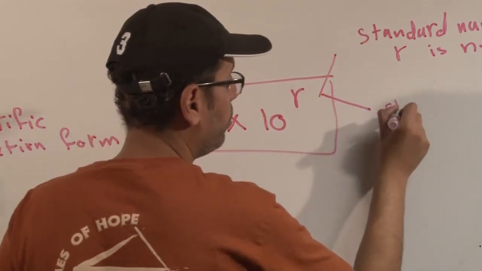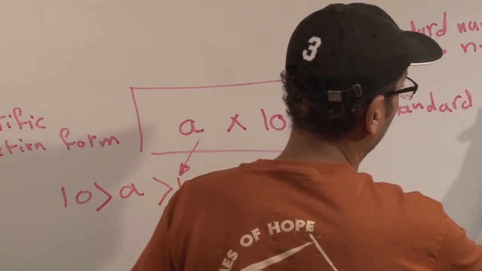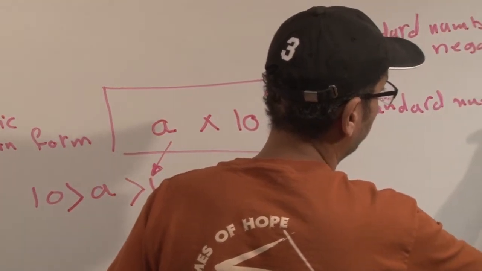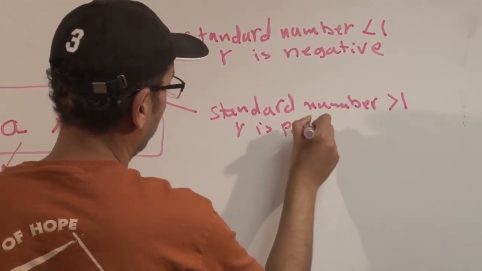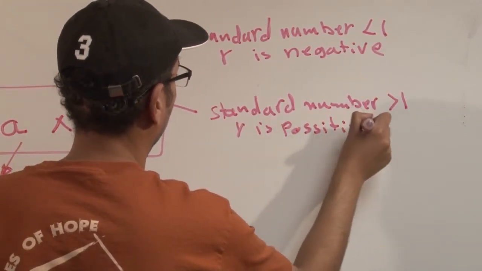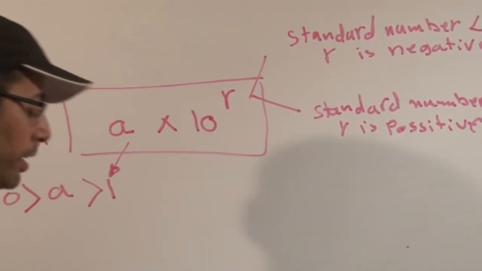If the standard number is greater than 1, R is positive. Is that clear? Cool.